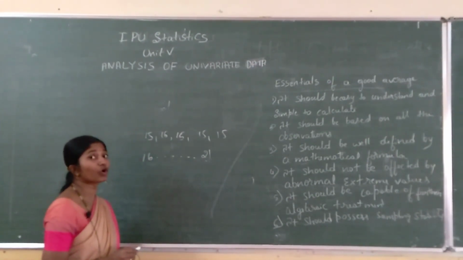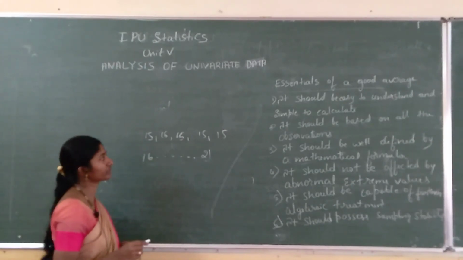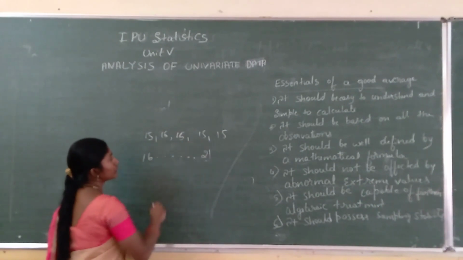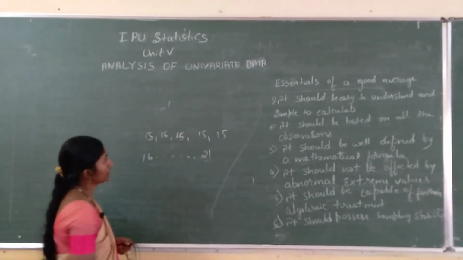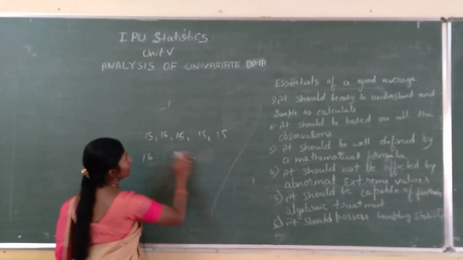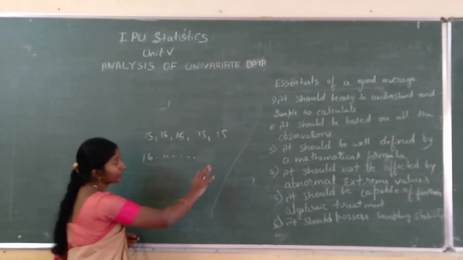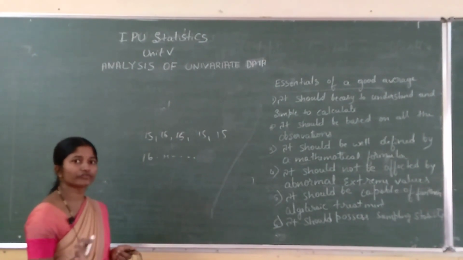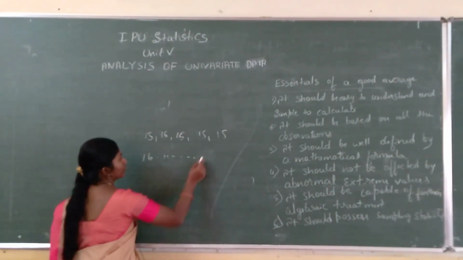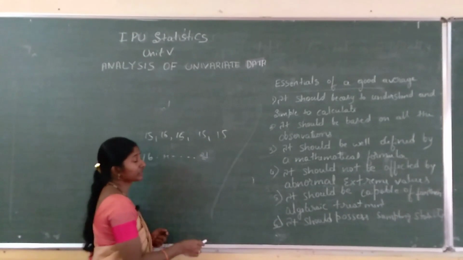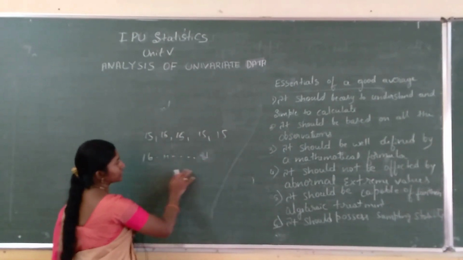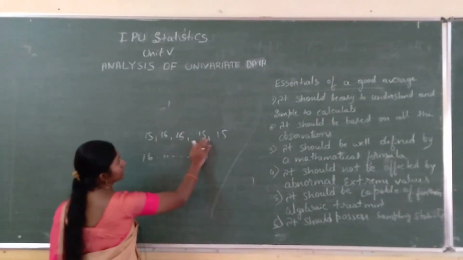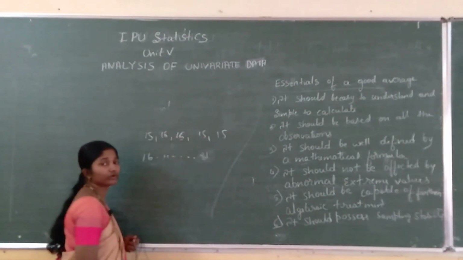See, this is the abnormal extreme value. The 10th students' ages are all 15 and 16. If you use only those, you will get 15 as the answer or otherwise 15.5. If one of the students is 21, you won't get the value that is more in number, 16 or 15.